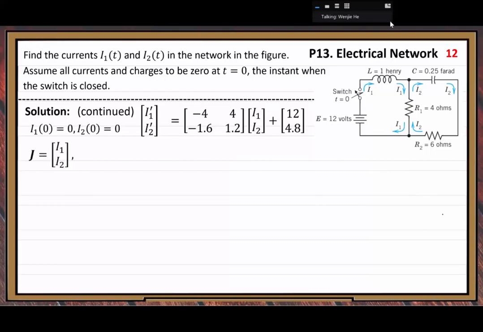Notation. Because when we do calculation, we want to choose appropriate notation. Here, capital J. In electrical engineering, many times people use J to represent the I vector.